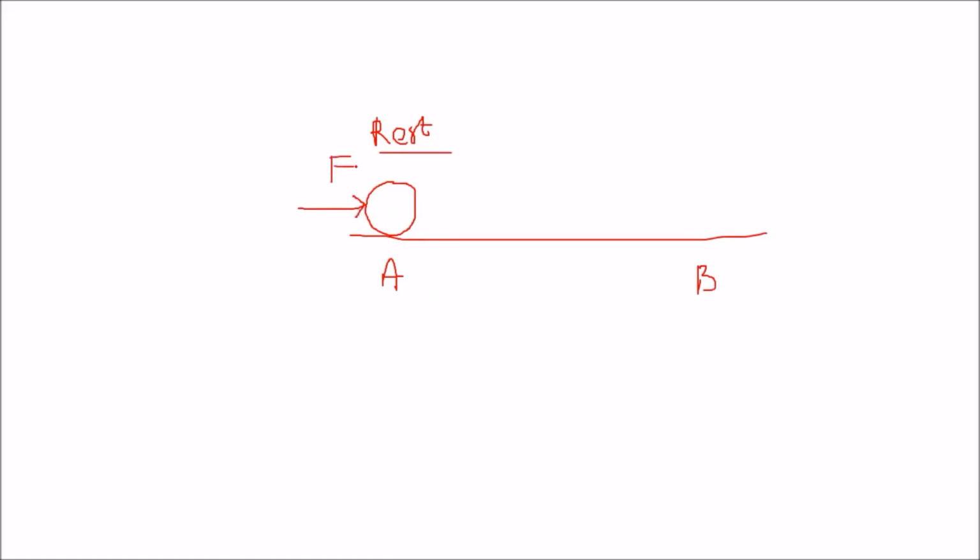Now, one small concept. There will be a body which is at rest. Consider that the body is at A. Now, you need to move that body from A to B. The body is at rest, but you need to make that body move from A to B. What will you do? Yes, you will apply some force to it. Now try to apply the same concept to an electron.